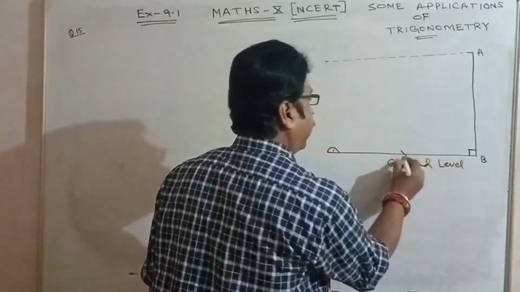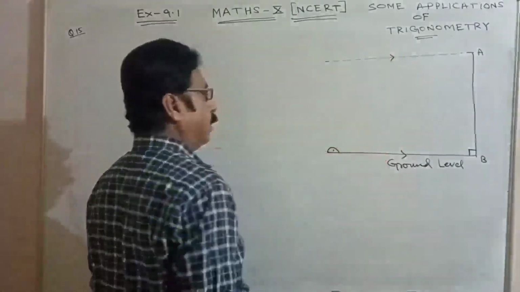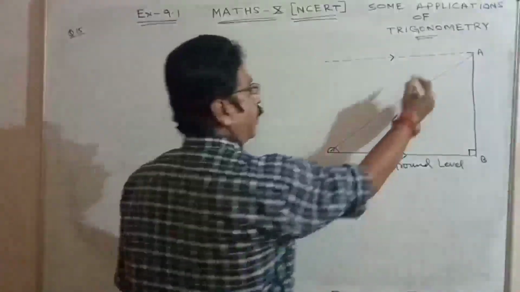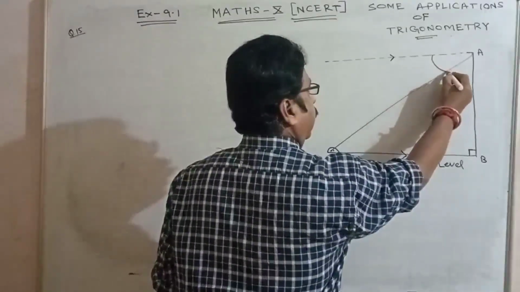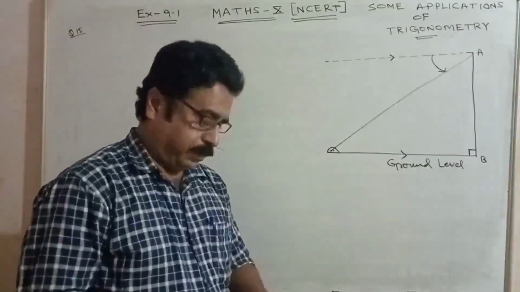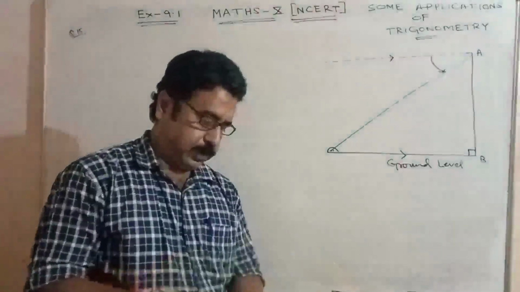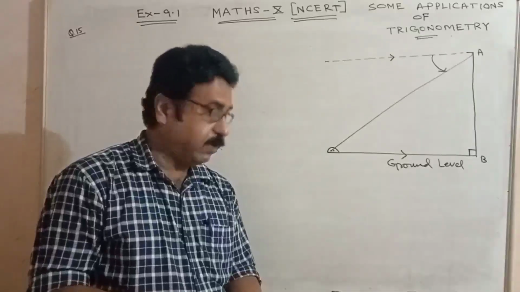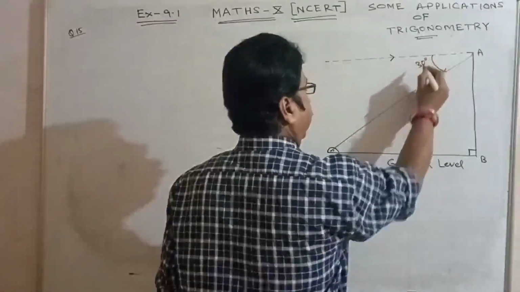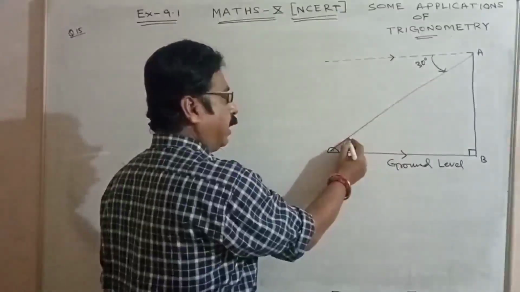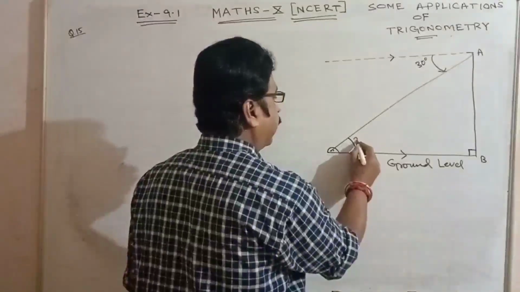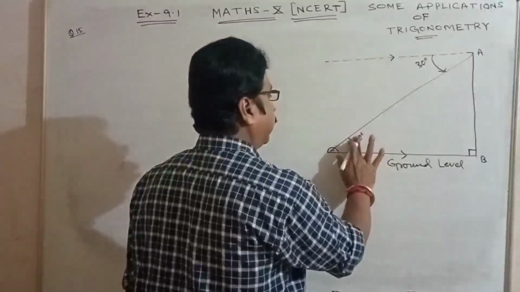This and this parallel. Angle of depression. It was 30 degree. This angle and this angle, these are alternate angles, so it will be also 30 degree.